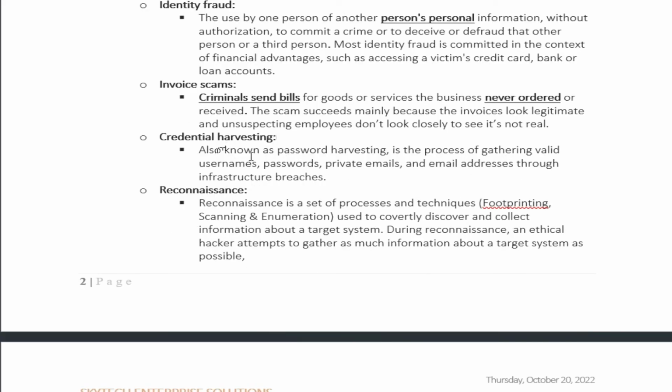All right, credential harvesting, also known as password harvesting, is the process of gathering valid usernames, passwords, private emails, and email addresses through infrastructure breaches. Of course, when a hacker breaks into your system, they're going to steal stuff, and credential harvesting is a big deal.